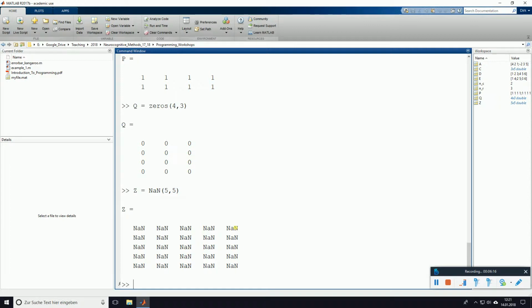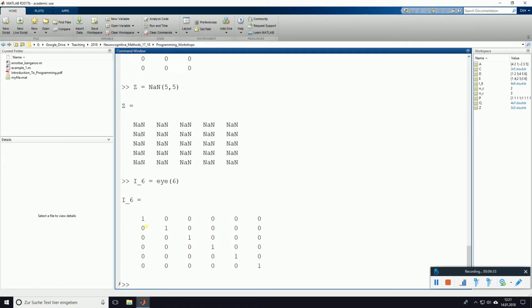Another special command to create matrices is the eye command. So to create the identity matrix of, let's say, size 6 by 6, we can use eye, as in identity, with the argument 6, and we get the identity matrix, so a square 6 by 6 matrix with all ones on the diagonal. We can also create diagonal matrices that are not the identity matrix using the diag command.